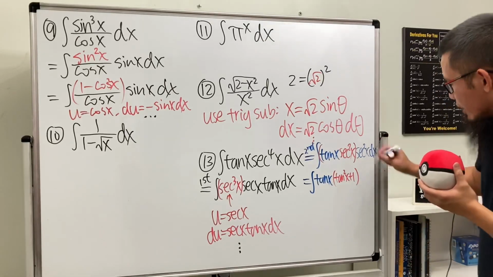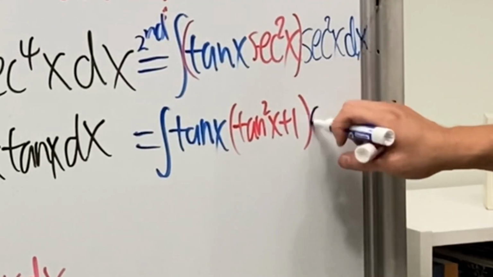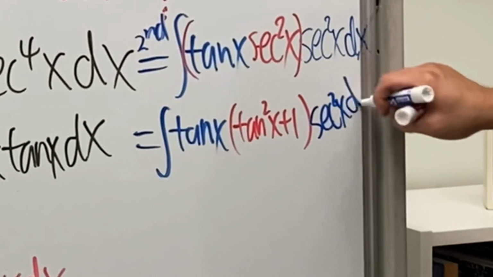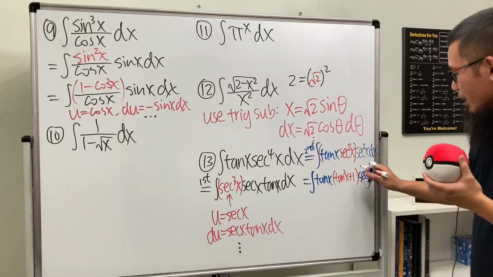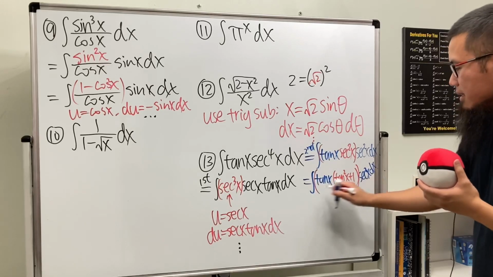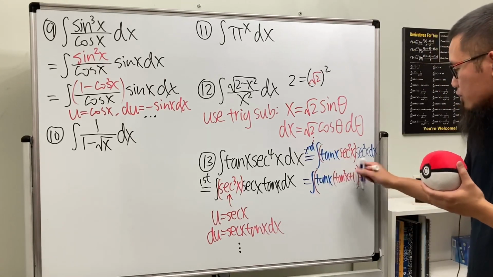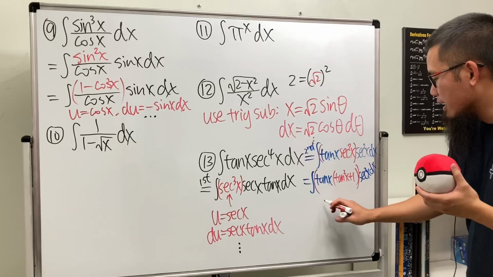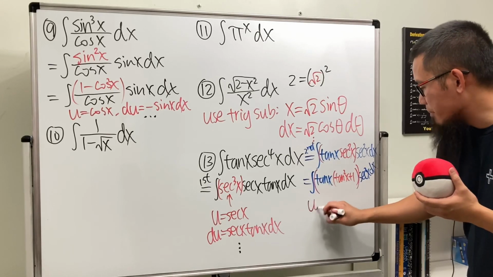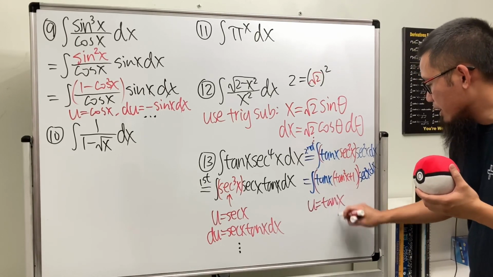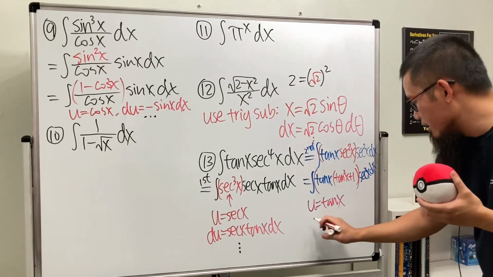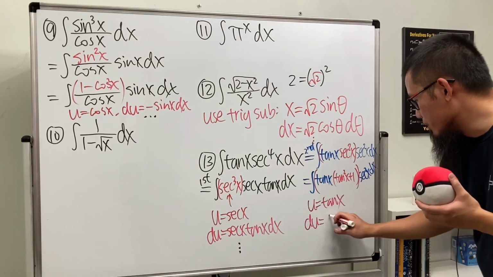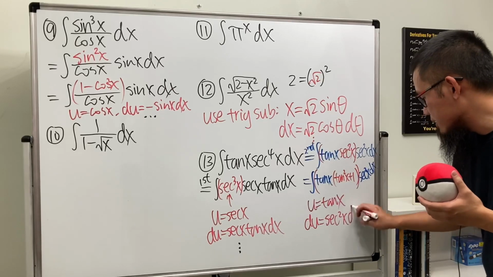All right? And then right here we still have the secant square dx. So you can see this is in terms of tangent. And of course, you can also multiply this in, but I'm going to leave that to you guys because right here we can just do u sub, let u equal tangent x, and then this guy is precisely the du because that's the secant square x dx.